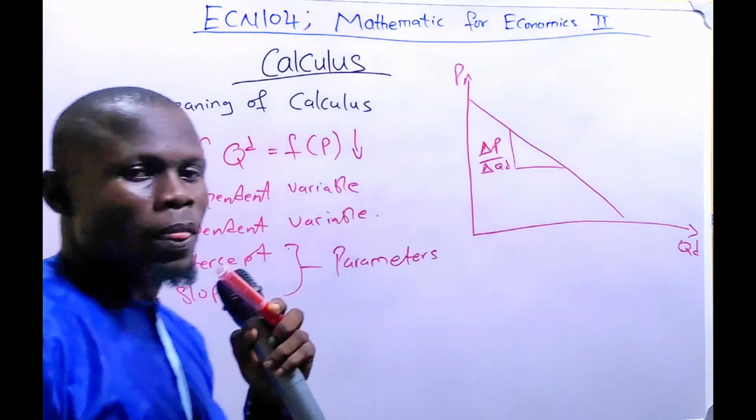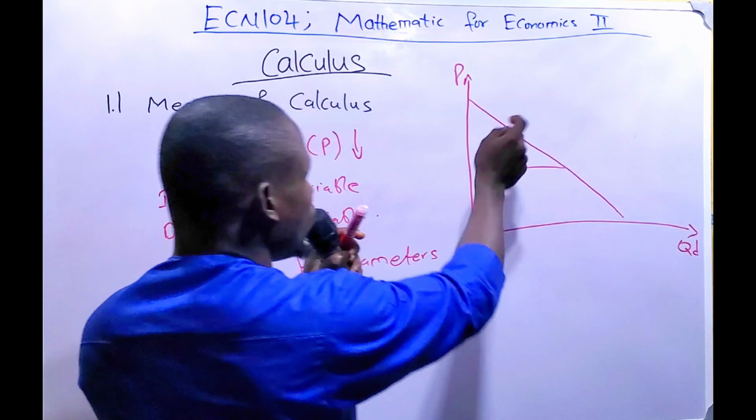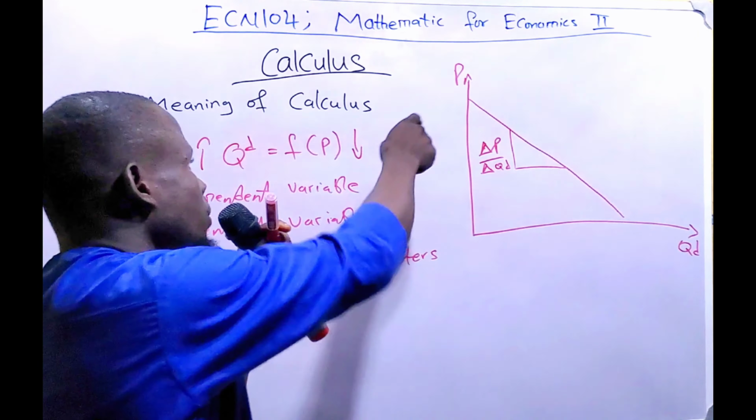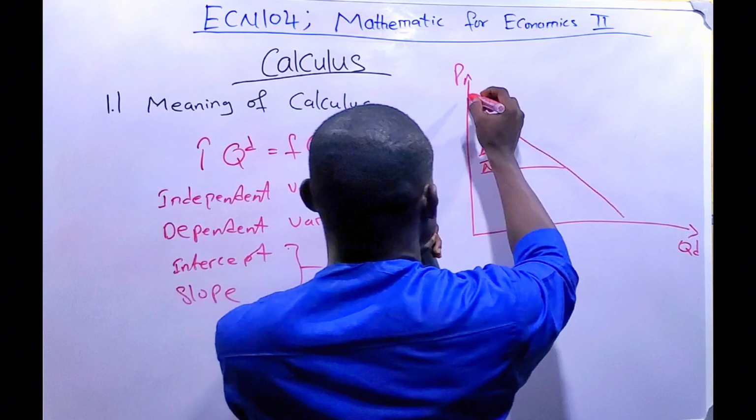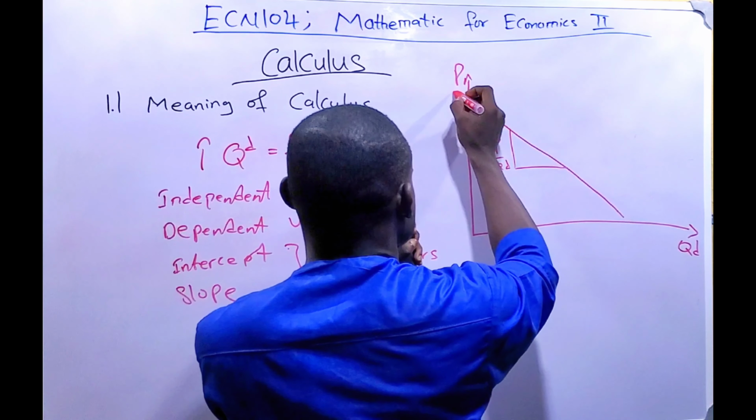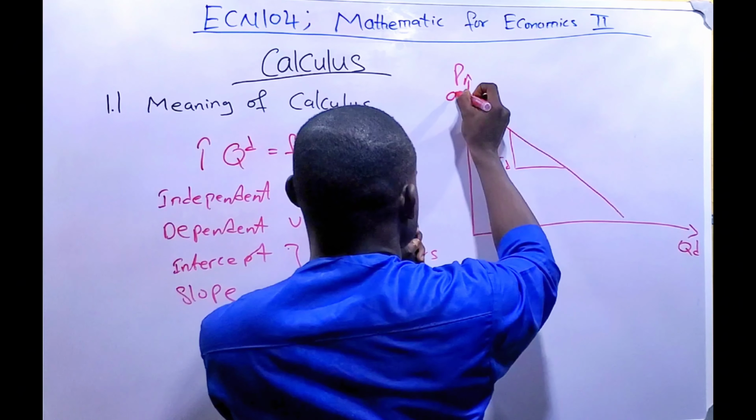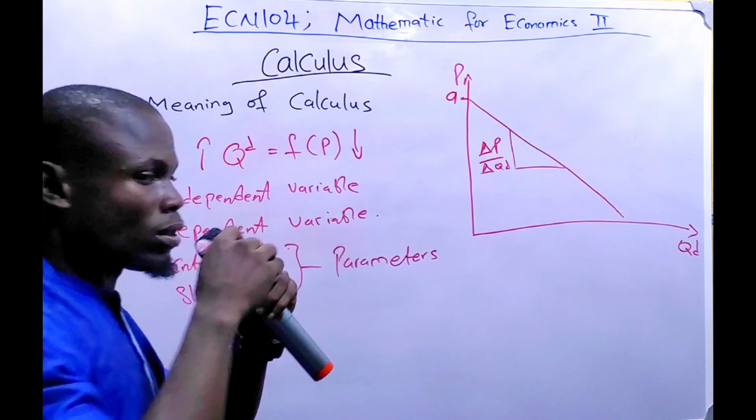Now, what's the intercept? It is the point of intersection of this line on the independent variable axis. This point is the intercept.